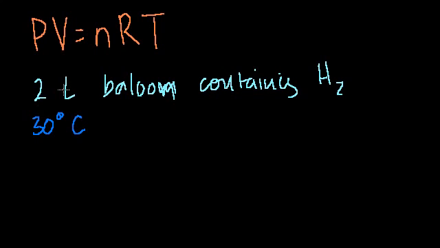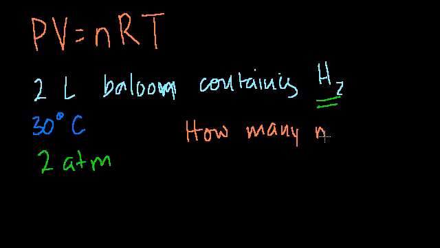And let's say that we measured the pressure on the outside of the balloon at 2 atmospheres. So my question to you is, how many moles of hydrogen do we have?